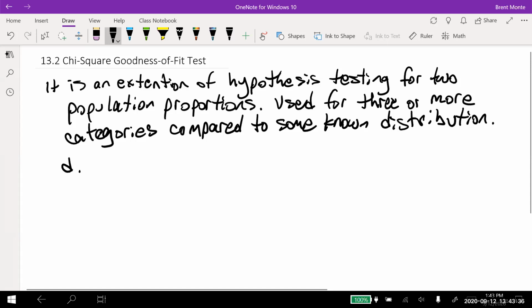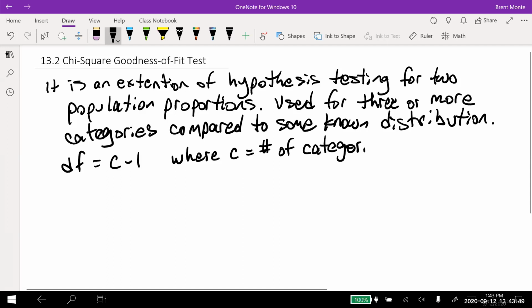And in fact, the degrees of freedom is C-1, where C equals the number of categories. When we do some problems, you'll see what I'm talking about in terms of categories and all that. But that's what's happening. So remember, it's an extension for population proportions.